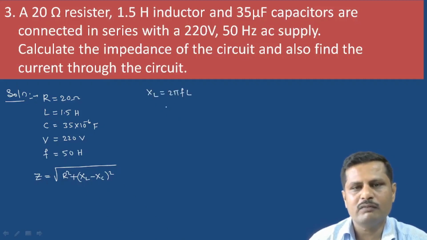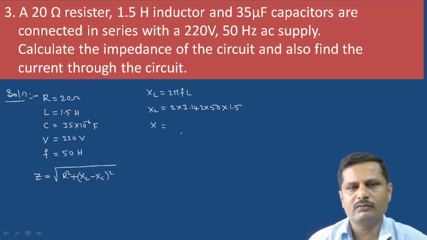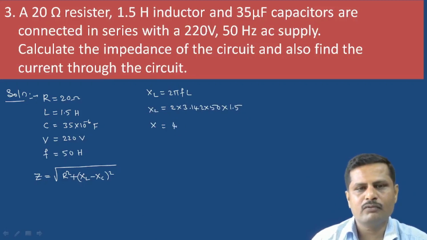I'm substituting the values: 2 into 3.142, the frequency is 50 Hertz and L is 1.5 Henry. Simplifying this, we get XL equals 471.3 ohm.